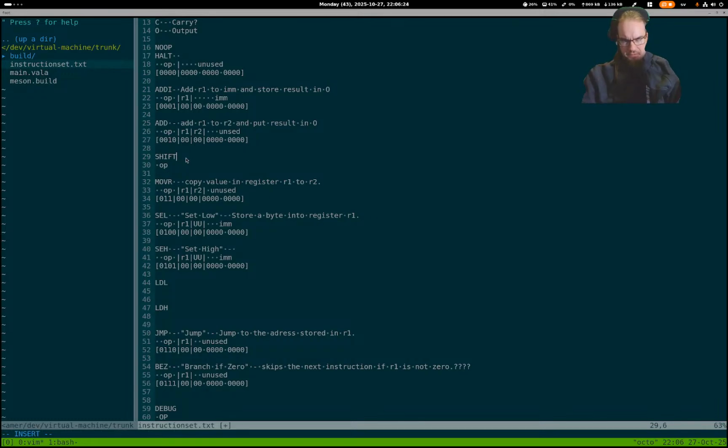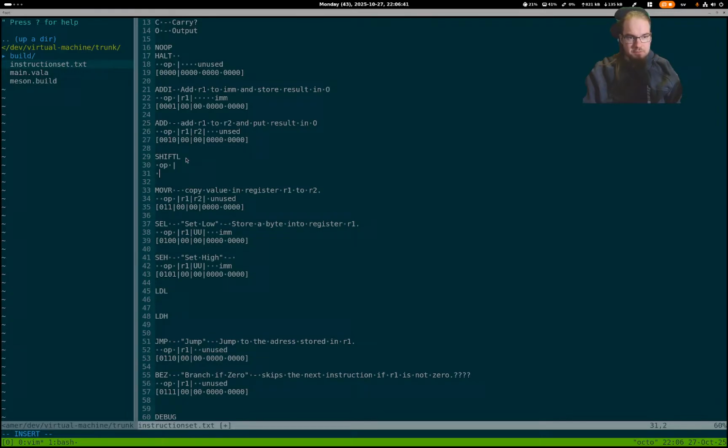Shift left and shift right. Do we need that? I say we do. Let's just implement it. Perhaps, I don't know.